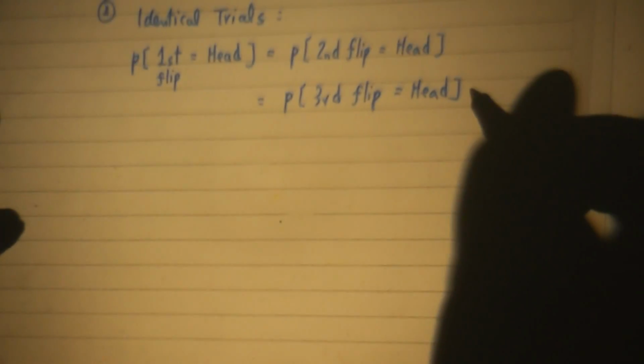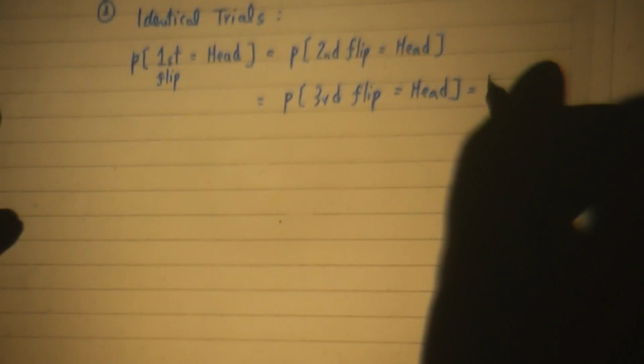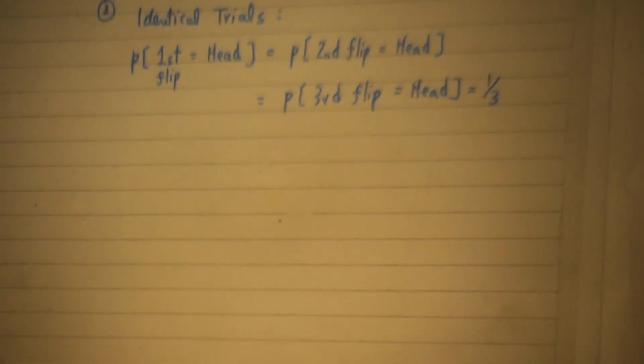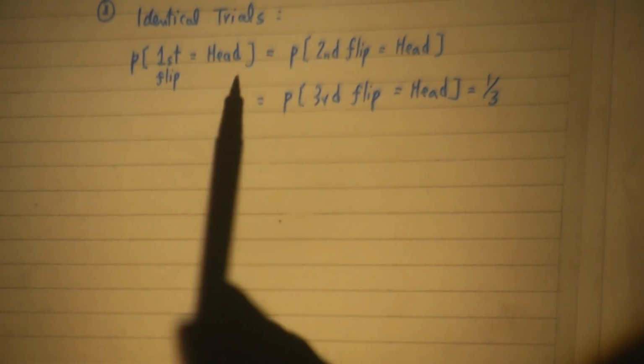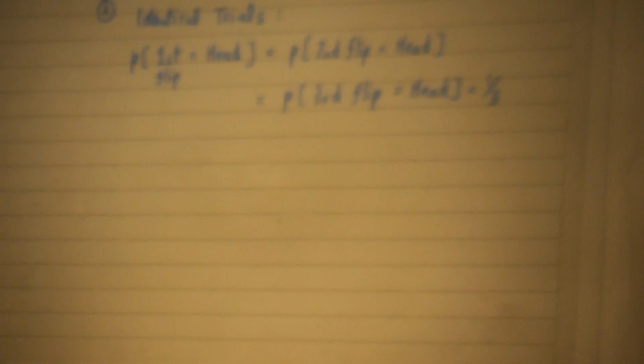And those probabilities are all equal to what? 1/3. Why is that? Because we are flipping what? The same coin. So for each flip, the chance of getting a head is exactly the same. They all equal 1/3.